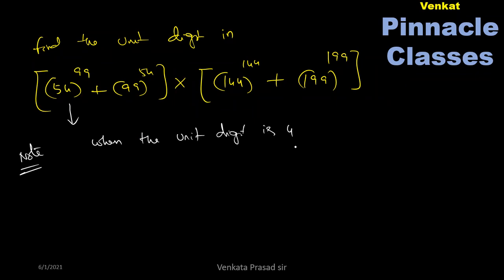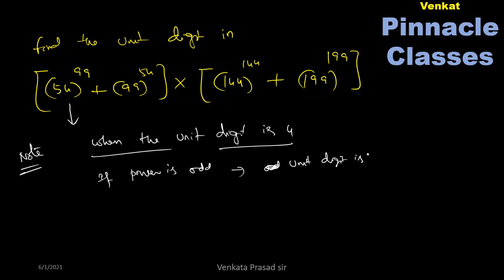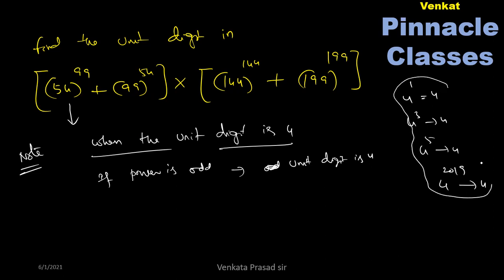When the unit digit is 4, what does it mean here? Case 1: if the power is odd, then what is the unit digit? It is 4. That means 4 power 1, 4 cube, 4 power 5, 4 power 2019, the unit digit coming is 4.